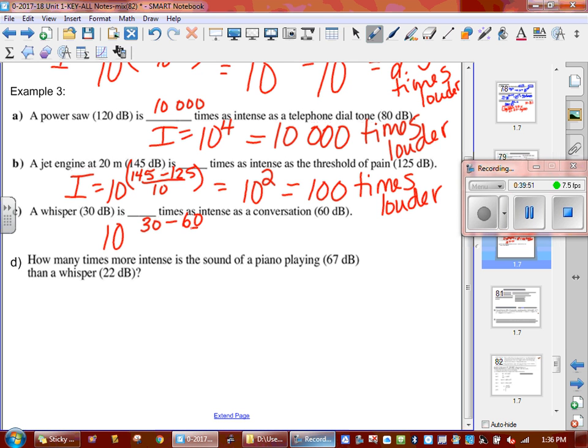Exponent -3. That's going to be 1/1000th. It's going to be 1/1000th. So a whisper is 1/1000th as loud as a normal conversation.